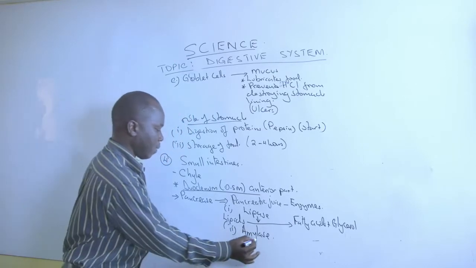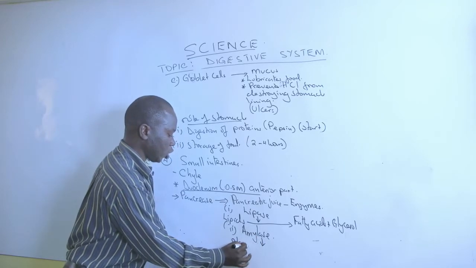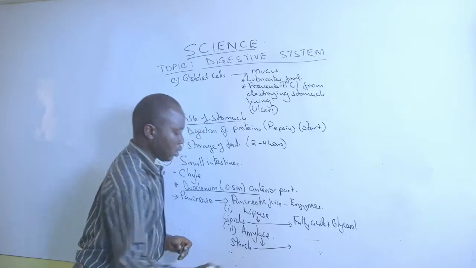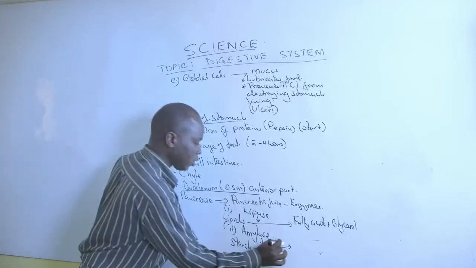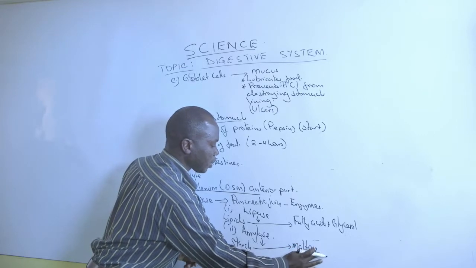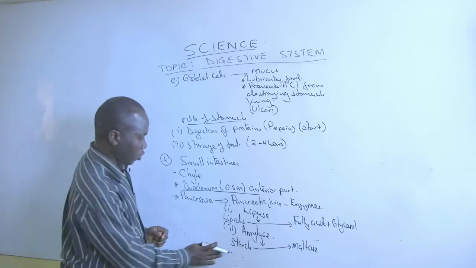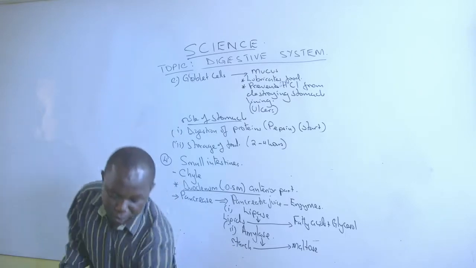Pancreatic amylase acts on starch. It breaks down starch to form maltose.